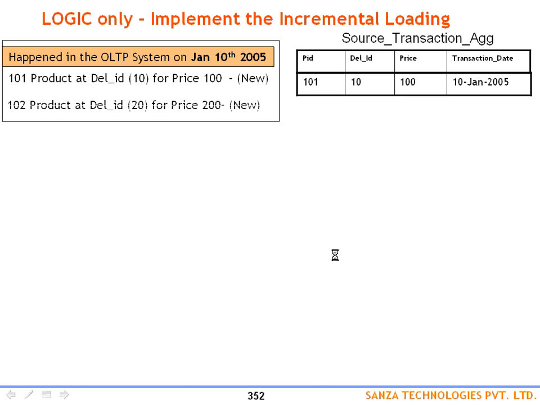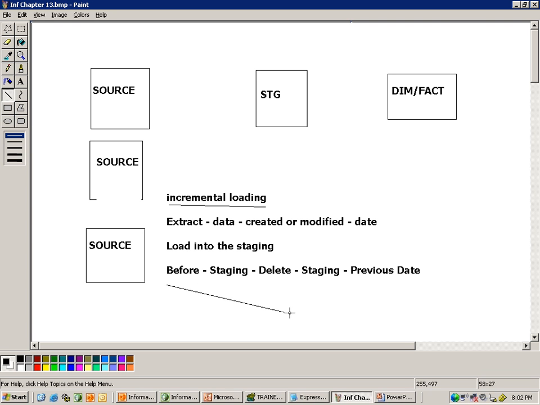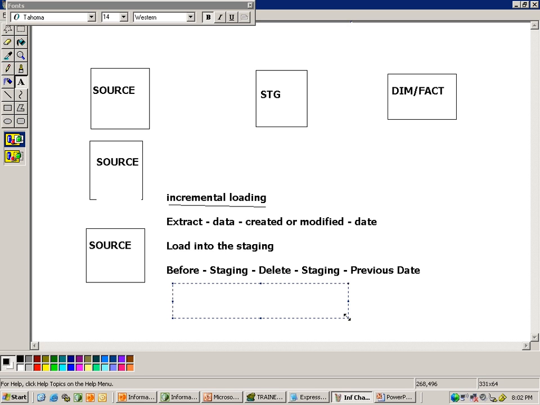Another transaction happened in the OLTP system, and the data was created there. I hope you remember the concept of the load window, in which we discussed the time given to complete the ETL process.